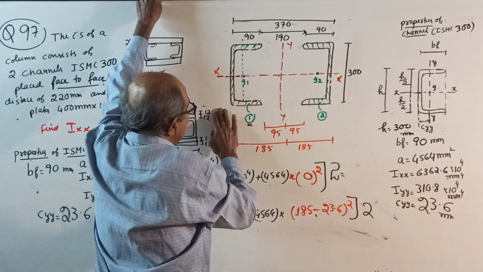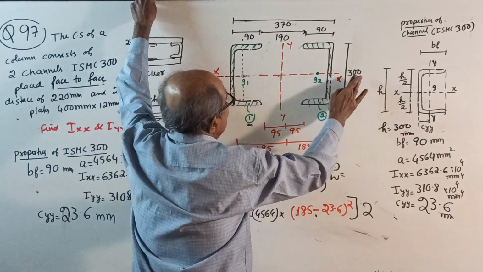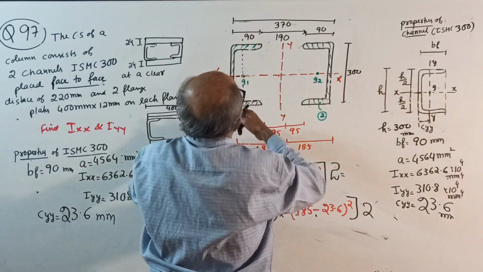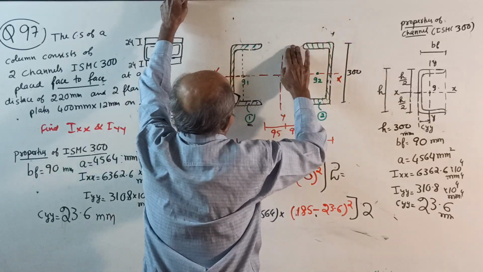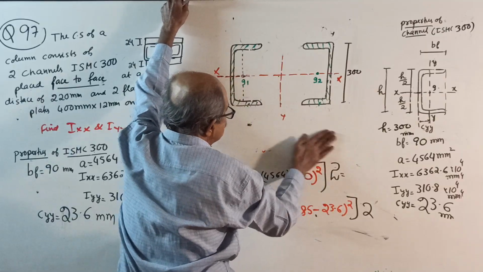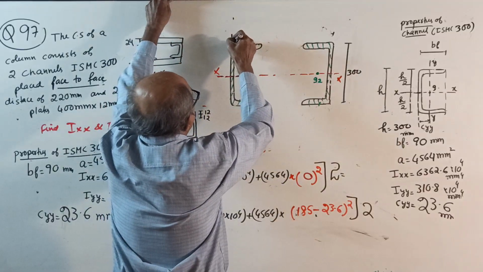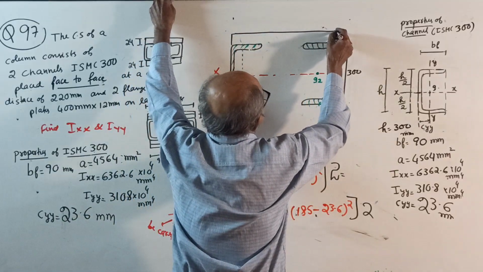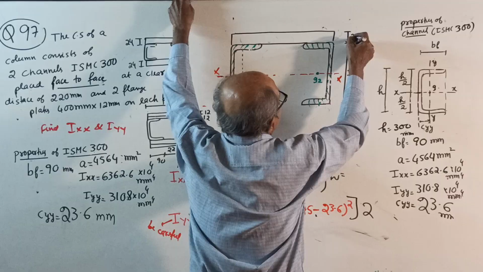Okay, now I'll remove all this. To save time, you write all the statements you have to write. Channel remains the same, 300 only, no change. Now I have to put the plate. Okay, I'll put the plate. 1 and 2 I'll write later. Now, 2 plates are there on each flange, but for calculation purposes, you take just 1 rectangle of thickness equal to 24.